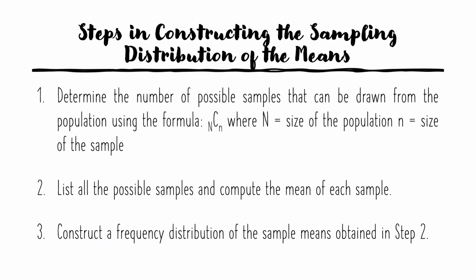Steps in constructing the sampling distribution of the means. Step 1: determine the number of possible samples that can be drawn from the population using the formula. So we apply here the concept of combination, where capital N is the size of the population and small n is the size of the sample involved.